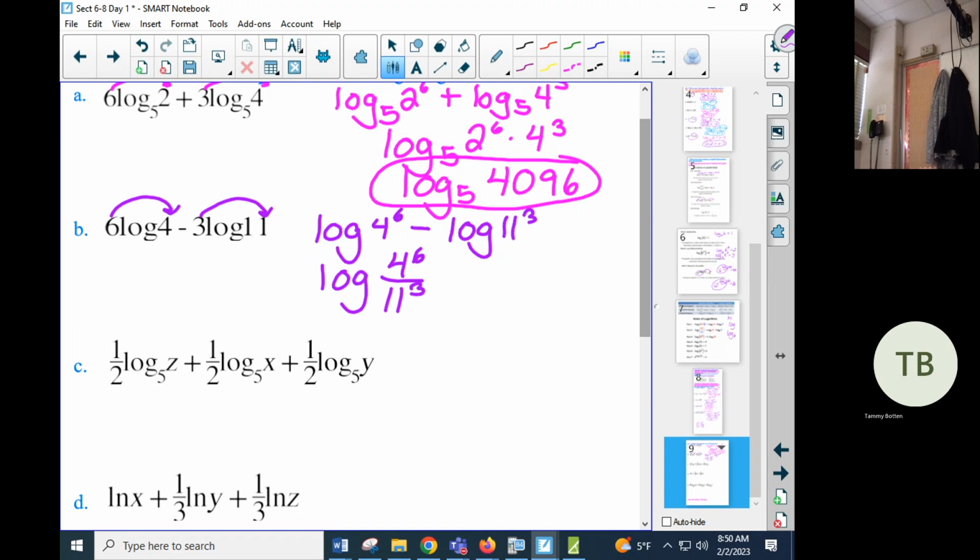Now in this, you do still have to simplify, but if we just put this whole thing in our calculator, we'd get a decimal, and we don't want that. So what we would do instead is evaluate what 4 to the 6th is, put that on top. We'd evaluate what 11 to the 3rd is, put that on the bottom, and leave it as a fraction.